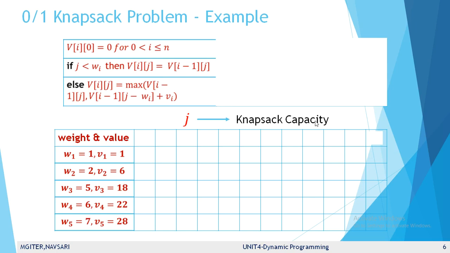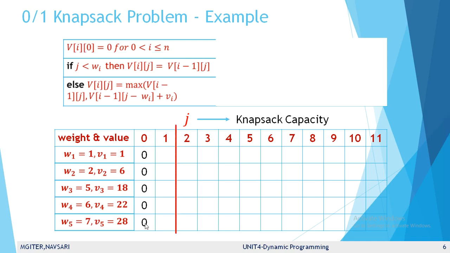And the columns represent the knapsack capacity. Here capacity is 11, so we include 12 columns in the table. Now the first step: for any value of i, if j is equal to 0, we include 0. So we make the first column 0.